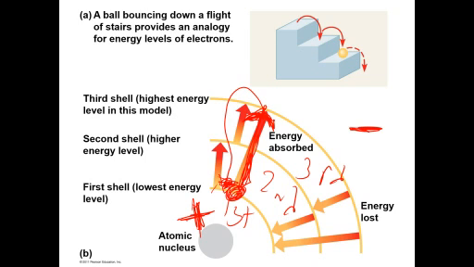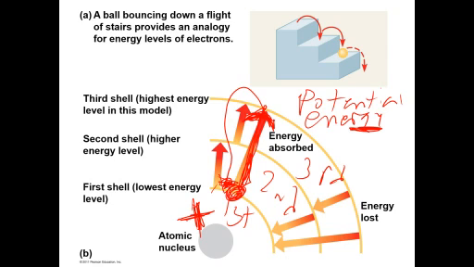You have a strong attraction between electrons in the first shell and the nucleus, and the further away from the nucleus, the higher the amount of energy at that level. There's less of a pull between the nucleus and the electrons, so there's a higher amount of potential energy.